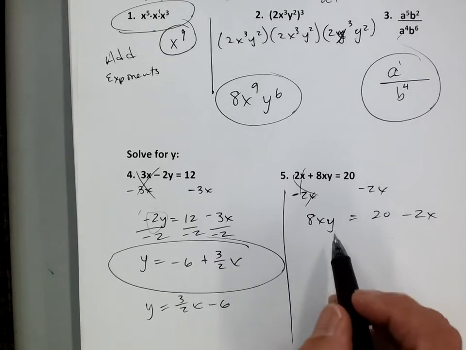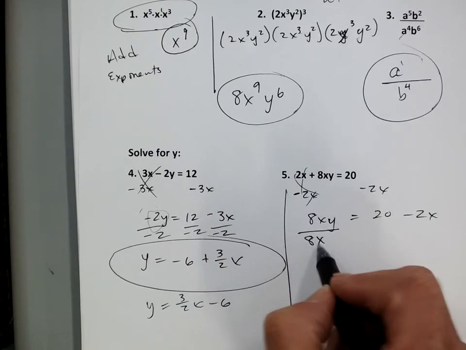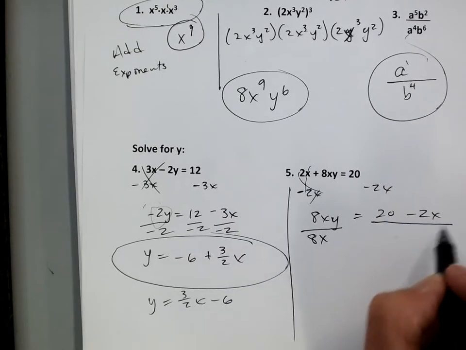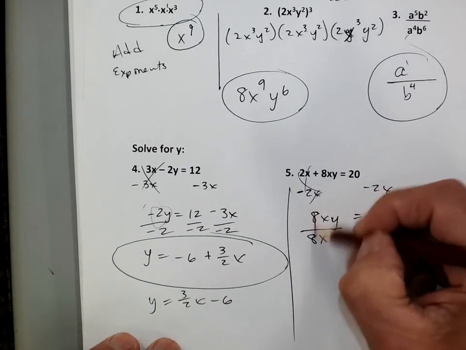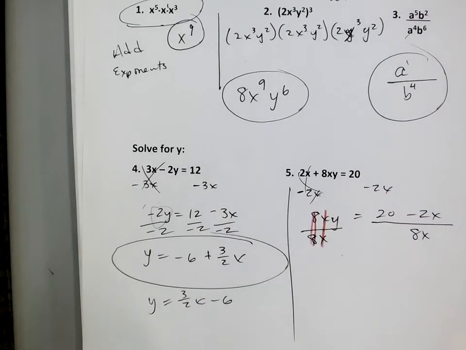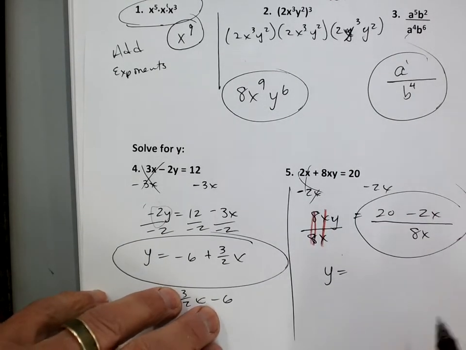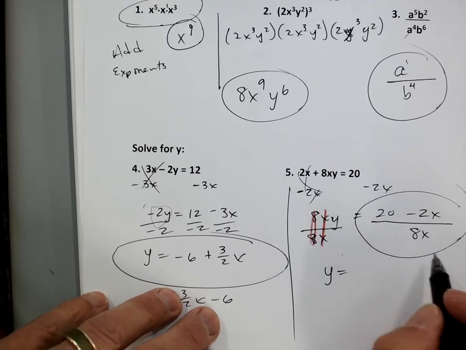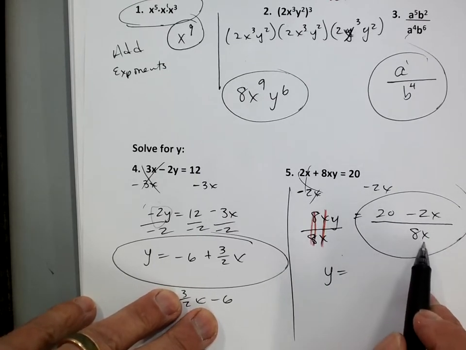Okay, then the last step I'm going to do is, since it's solved for y, I'm going to divide by both 8 and x on both sides. The reason, hopefully you see it, is it cancels out the 8 and it cancels out the x, and what are you left with? Just y. And so we can leave it in this answer if we wanted to, or we could reduce it by a value of 2.